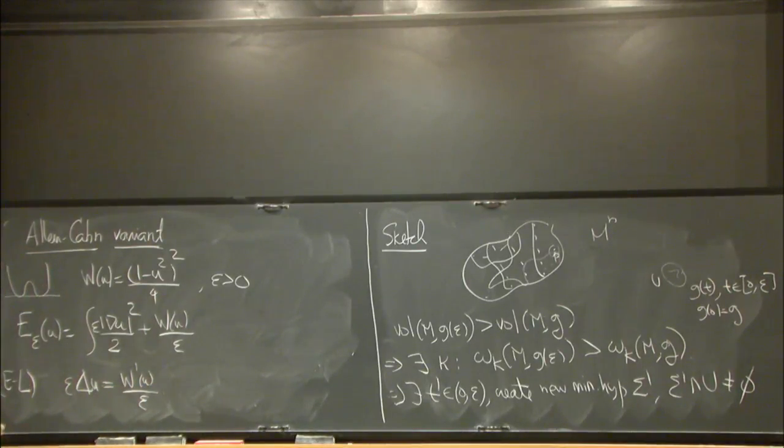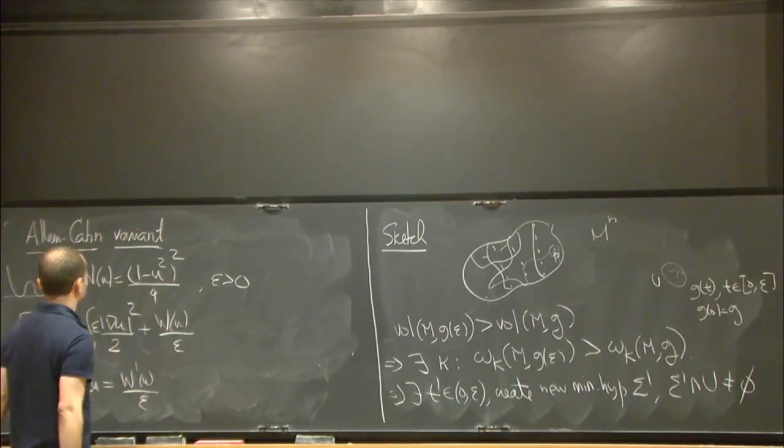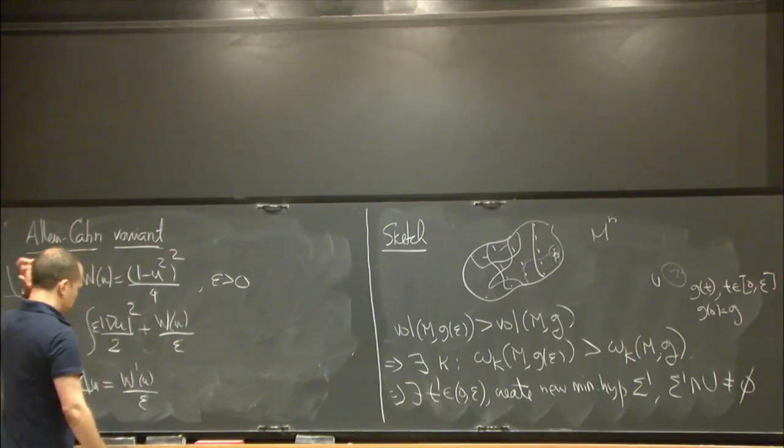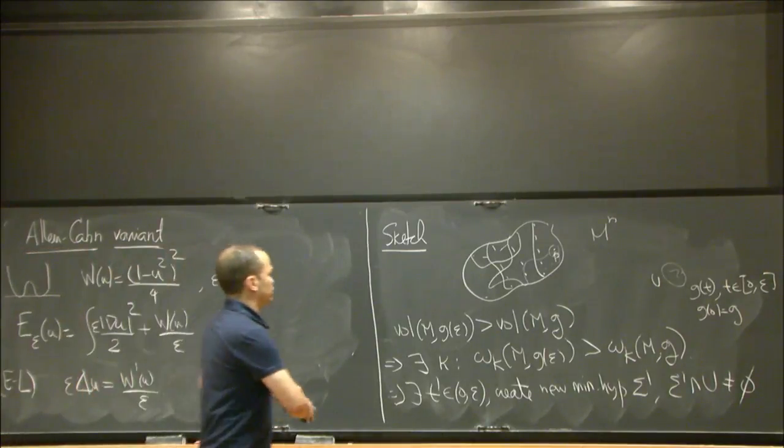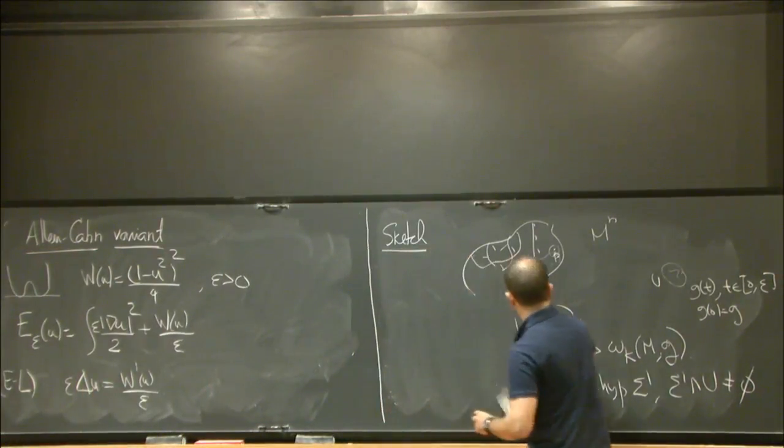And the idea is that if you look at critical points of these as epsilon goes to 0, the level sets of these functions will concentrate at minimal hypersurfaces. This kind of thing goes back to De Giorgi, but the connection with the construction of minimal surfaces is pretty recent. So let me just state a few results.